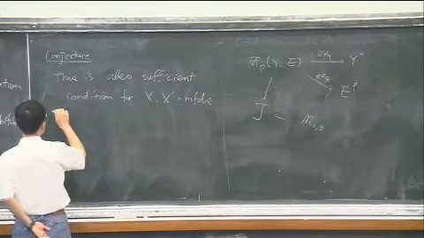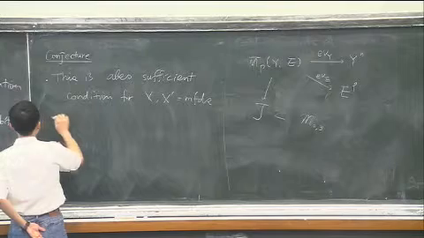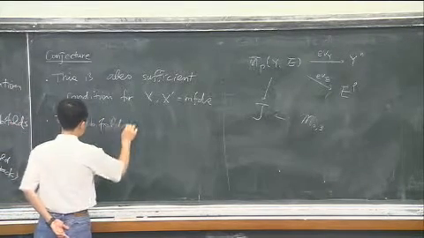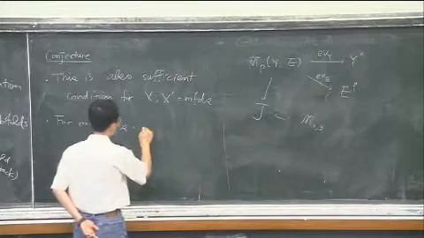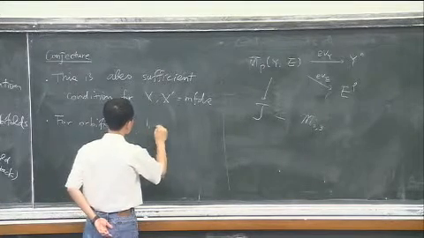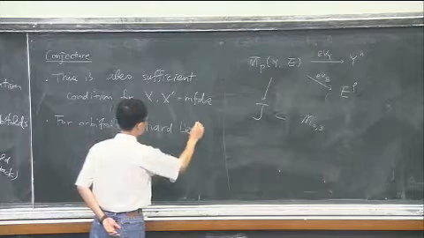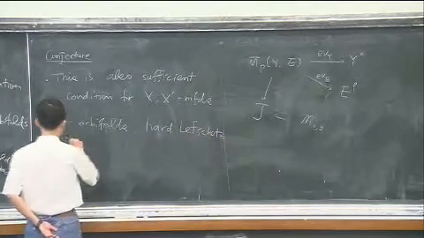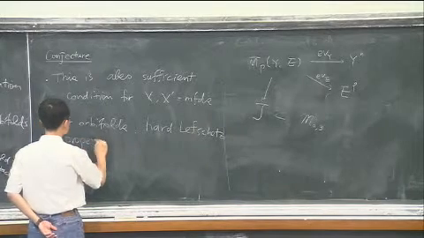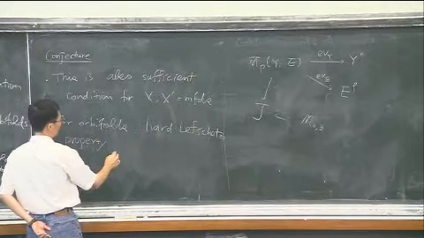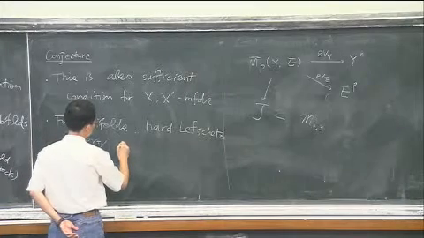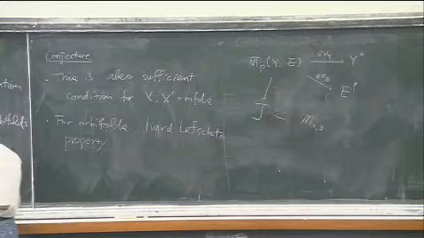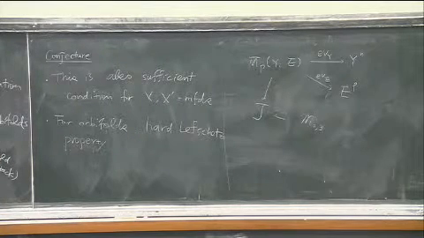And for orbifolds, there's something called the Hard Lefschetz property. Some sort of Hard Lefschetz property will influence how functorial this thing can be.